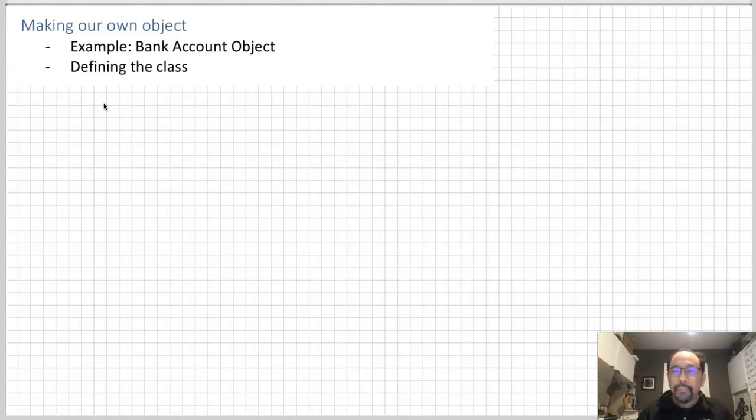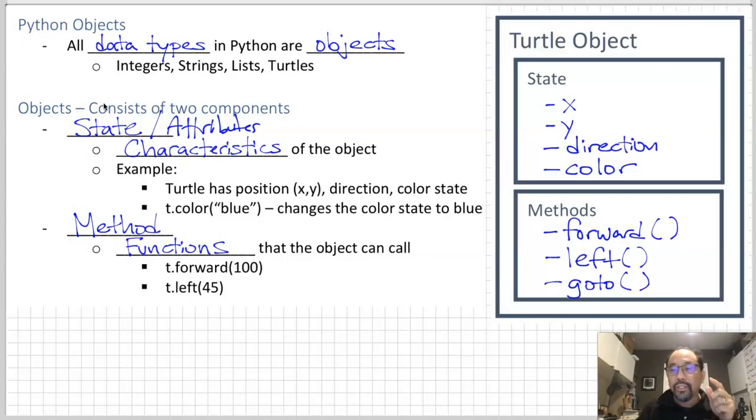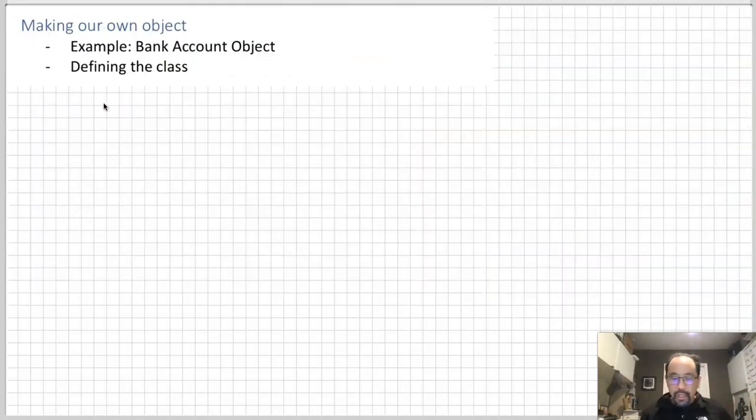And when we make a new object, we need to give some sort of instructions on what information that object has, and also what that object can do. So we're going to look at how, when we create our own new object, we define state information, attributes about that object, and then how do we define methods? Okay, so let's look at that.